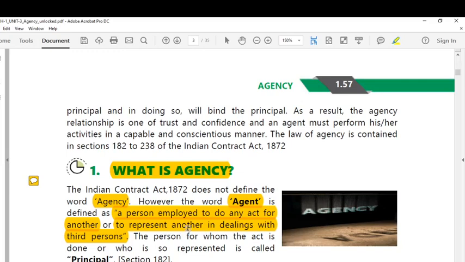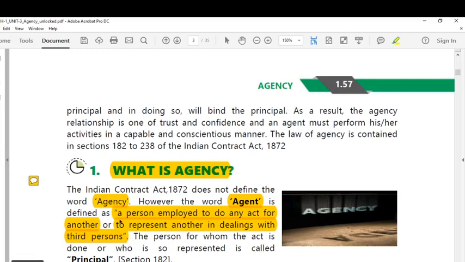In modern day business, a principal may not be able to deal with various people. So that is the reason he has agents in different locations, and the agents are given certain guidelines, rules, and regulations to be followed, and accordingly they deal with the third persons upon the directions from the principal. So they represent the principal in dealing with the third person.